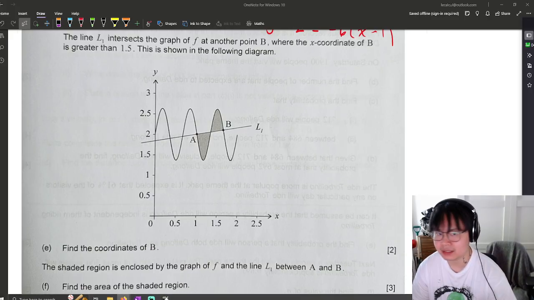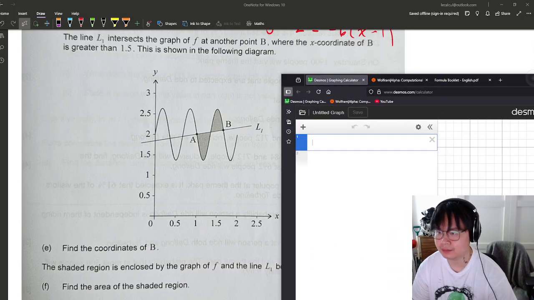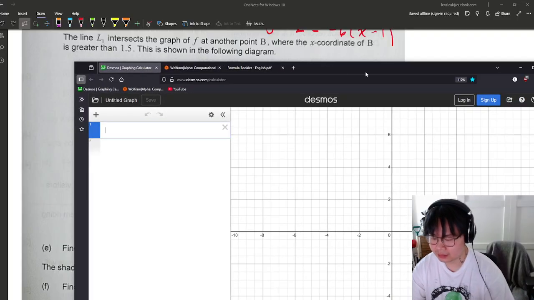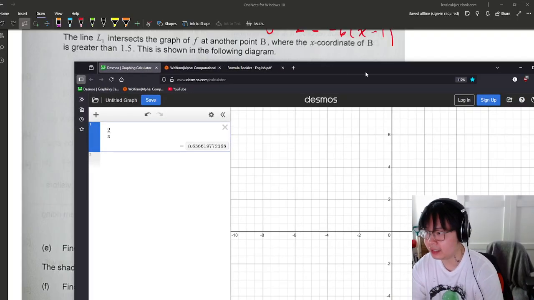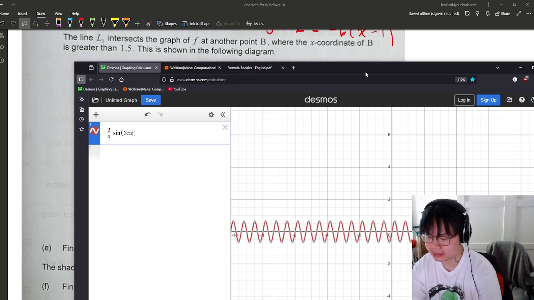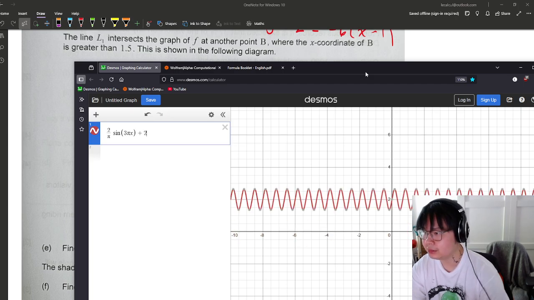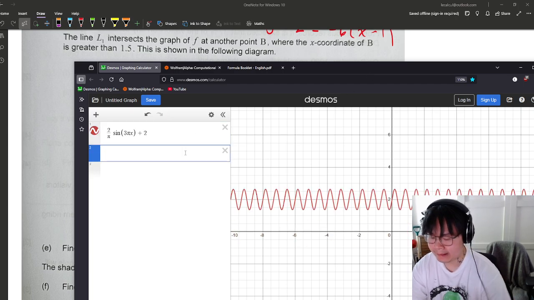I'm going to use Desmos, just because it's faster. The first one was 2 over pi sine 3 pi x plus 2. And then it was x minus 6y plus 11 equals 0, I think.